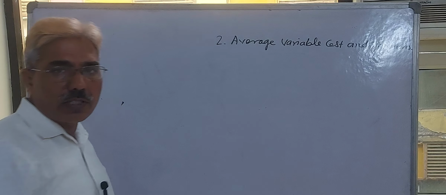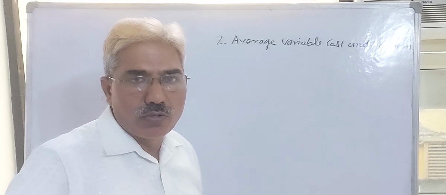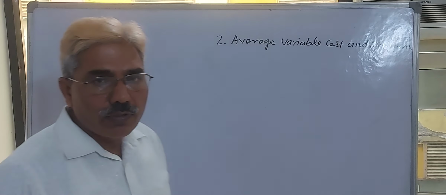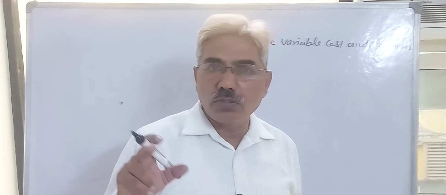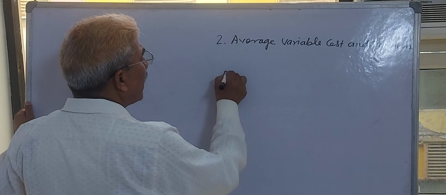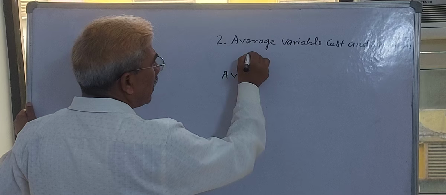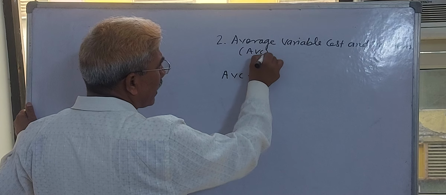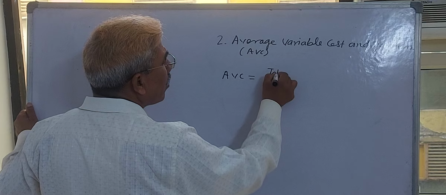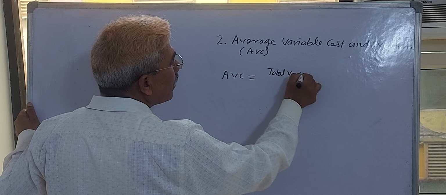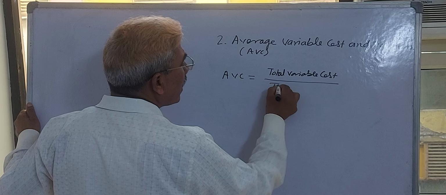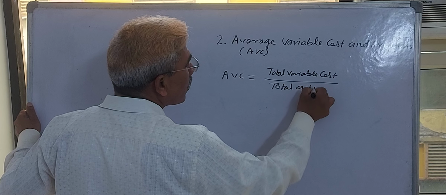What kind of structure does average variable cost have? As I discussed previously, when you derive the average cost, you divide total cost by total output. Similarly, average variable cost, AVC, is equal to total variable cost upon total output.